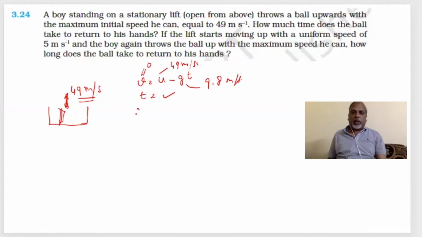It will be 2t, because whatever time it takes to go up, the same time it will take to come down. Now suppose the lift is moving with uniform velocity 5 meter per second. Then what will happen? When he throws the ball with 49 meter per second, the ball's velocity will be 49 plus 5.